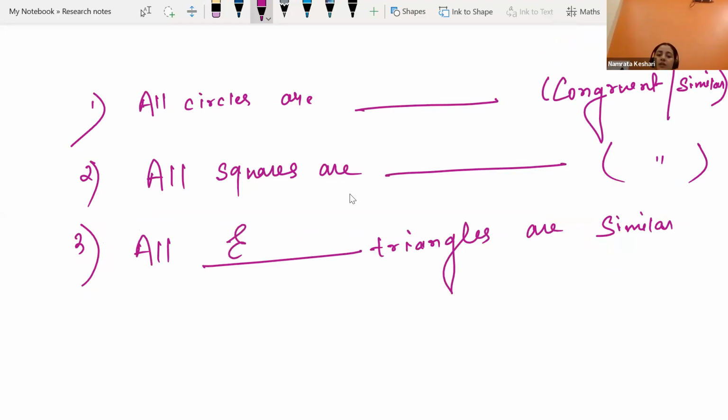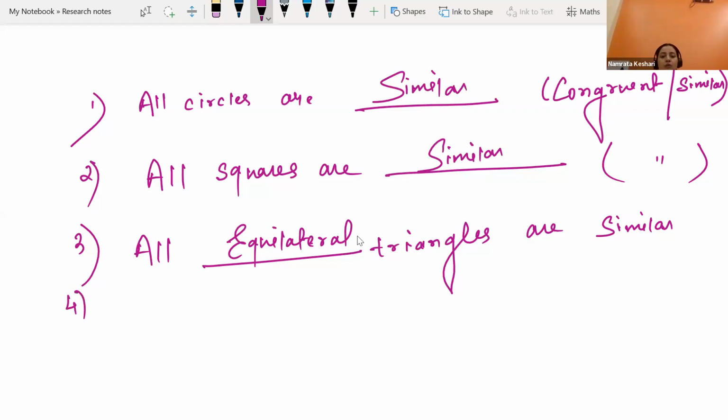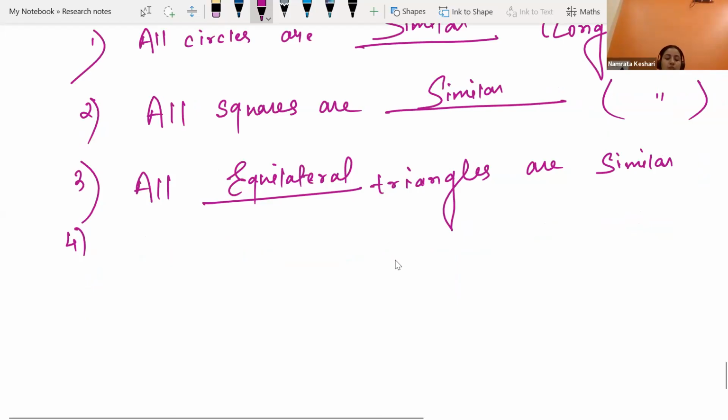Equilateral will be filled here. Okay, all squares are also similar. All circles are of course similar. Okay, now let's discuss this. Please tell me the fourth one. I am writing it over here and you are going to tell me what we are going to fill in the given blank.